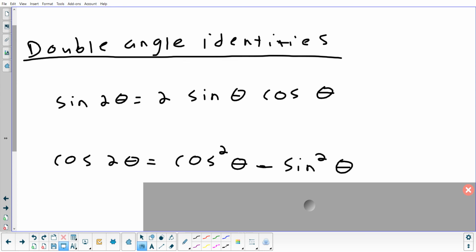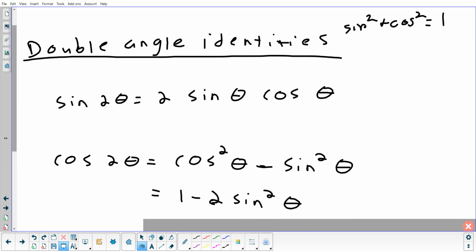And if you remember, we've kind of seen something like that before. Anyone remember what this equals? Sine squared plus cosine squared? 1. If you use this Pythagorean identity, you can rewrite this one different ways. That's one way you could rewrite it. What did they do there?